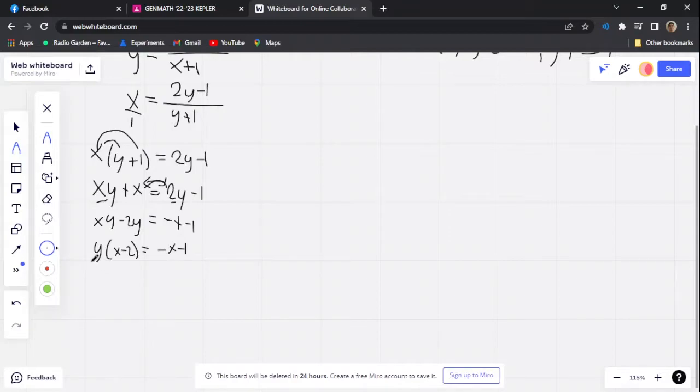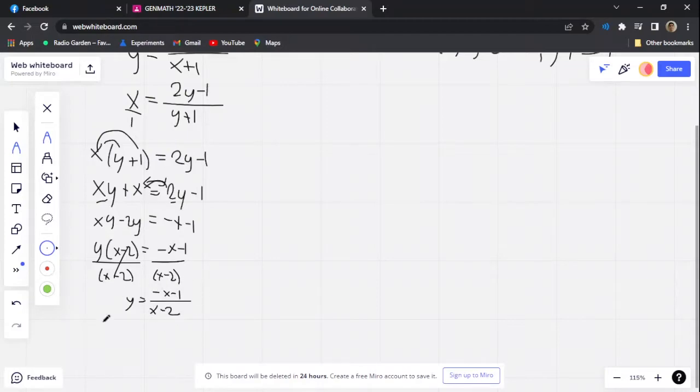So next thing is to divide both sides by x minus 2 para ma-cancel out ang x minus 2 sa right side. So mao na y is equals to negative x minus 1 over x minus 2.